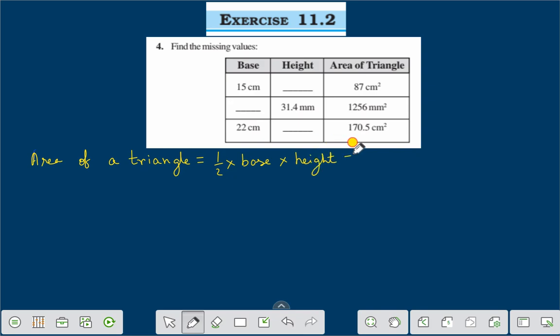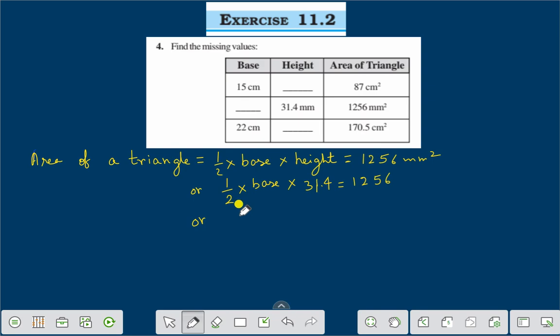In the second case, the area is given as 1256 millimeter square, and the height is given as 31.4 millimeter. Therefore 1 by 2 into base into height 31.4 is equal to 1256 millimeter square.